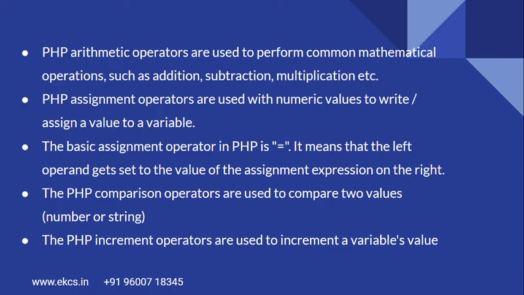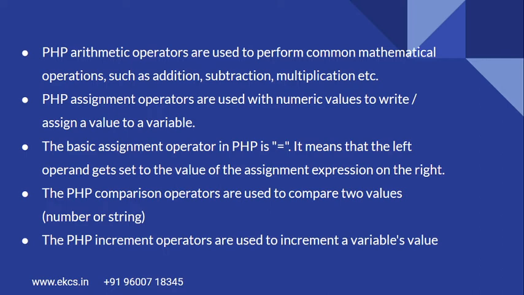Then assignment operator. Assignment operator is like assigning or writing a value to a variable. Assigning a numeric value to a variable. The operator used for that function is assignment operator.